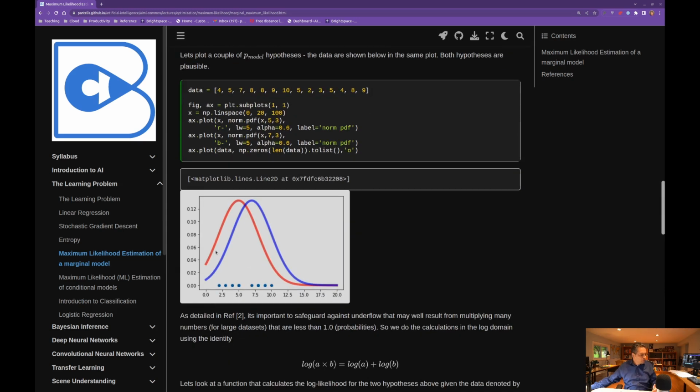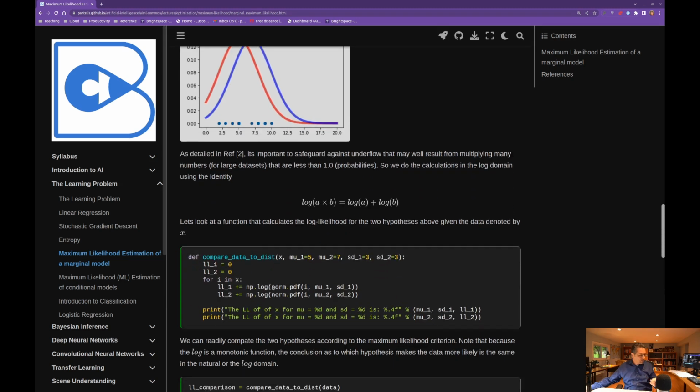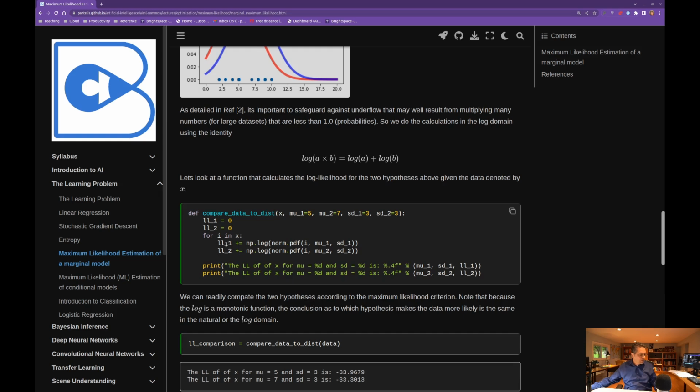And we have now two different P models plotted here, Gaussian P models. We need to select which one makes sense for the data that someone gave us. And we will be doing that by calculating, as we have done earlier, the log likelihood of the data that was given. So we have two hypotheses, mu1 and mu2.